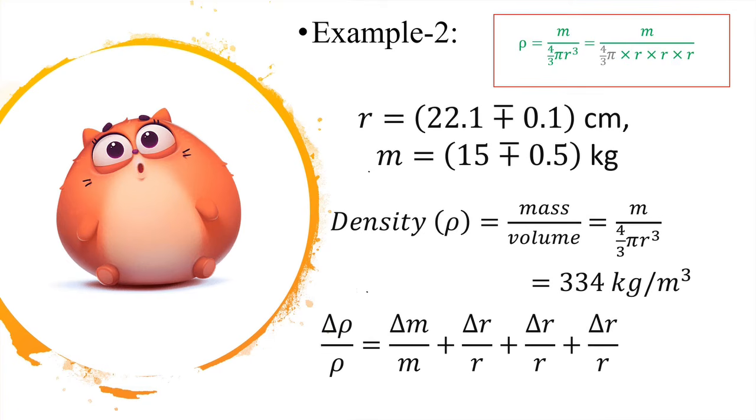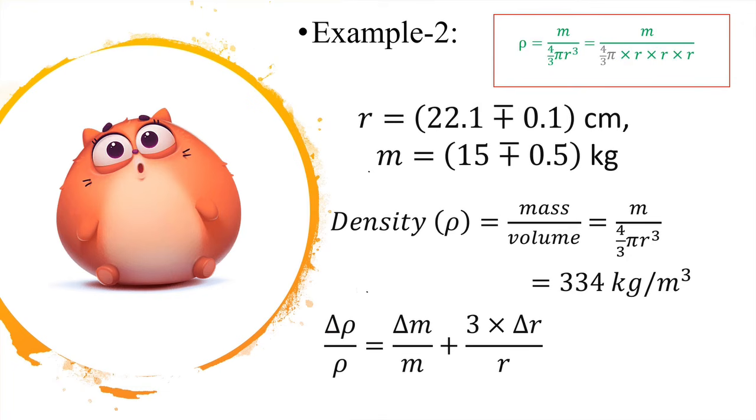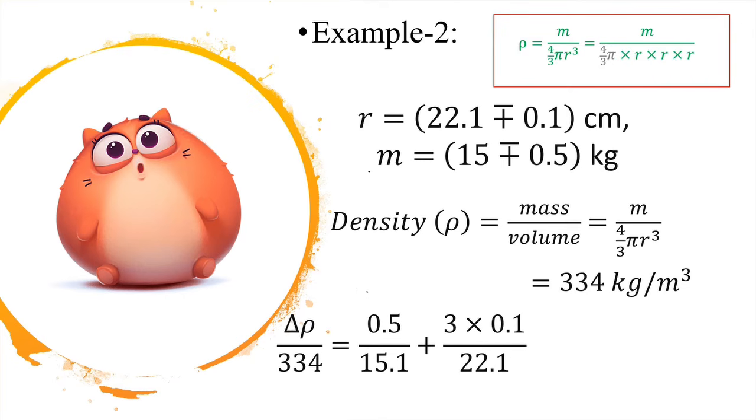So you can see that we have four quantities. We have the mass, we have the radius 3 times. So delta rho over rho is equal to delta m over m plus delta r over r 3 times, right? And then you have all of these quantities except for delta rho. Rho, we just calculated it.